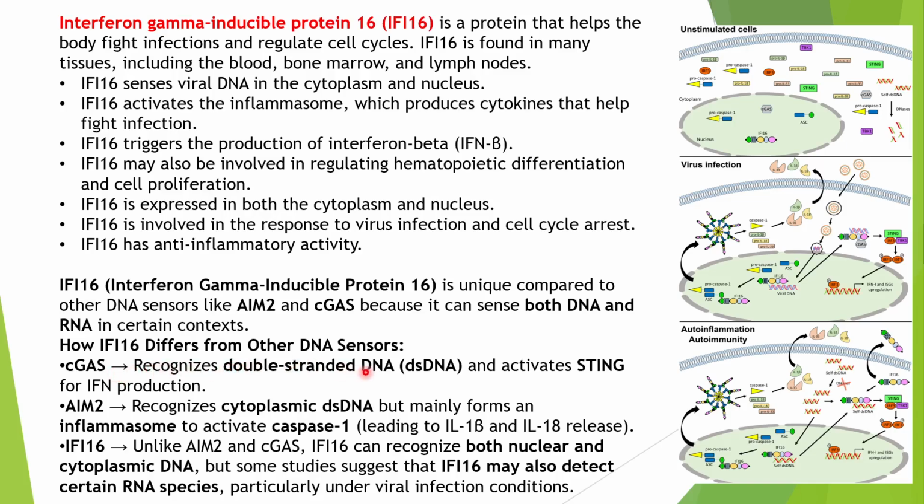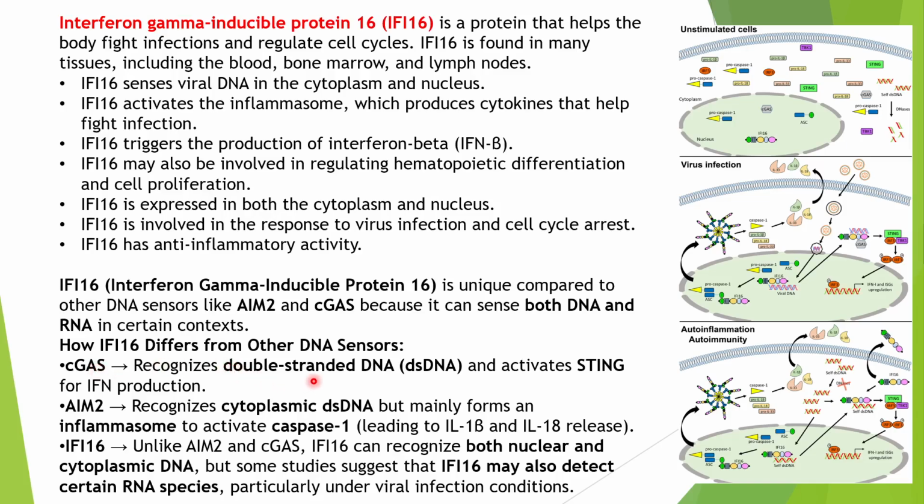Your cGAS recognizes double-stranded DNA and activates the STING pathway for interferon production. So you can see here there are double-stranded DNAs that are present in the cytosol in your autoinflammatory or autoimmune condition, and obviously during the virus infection there will be release of your viral DNA or RNA depending on the type of virus. So in both the cases, this kind of floating DNA or RNA in the cytoplasm will be detected by your DNA sensors.